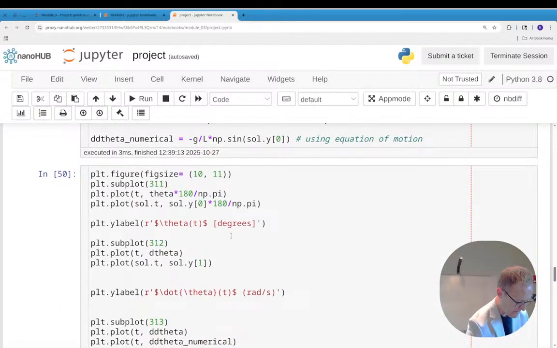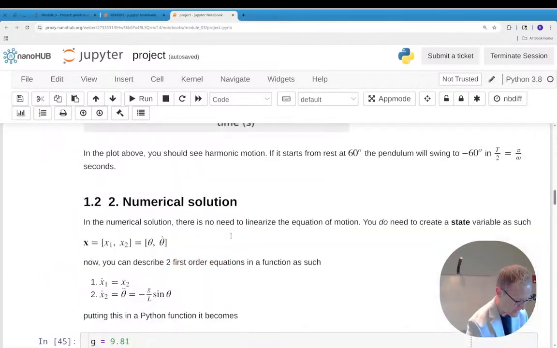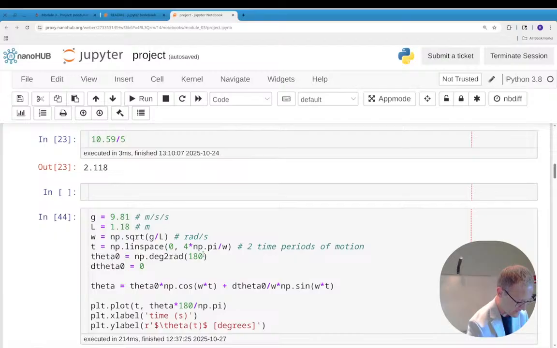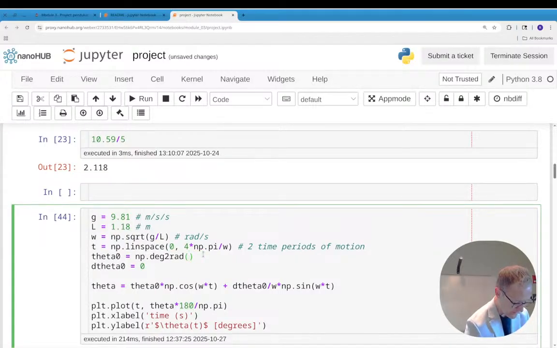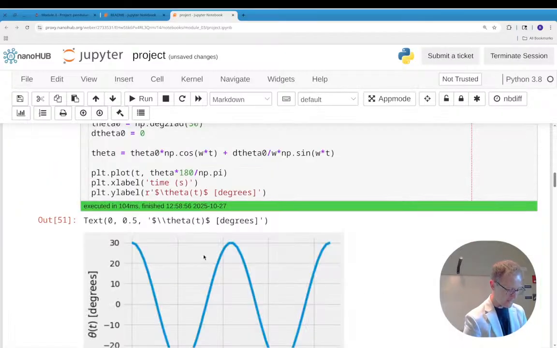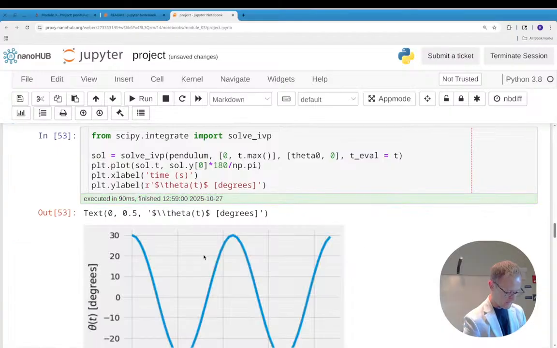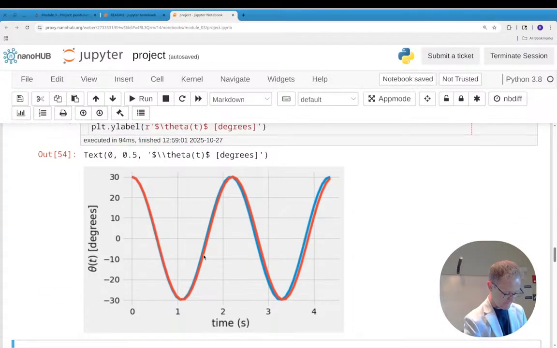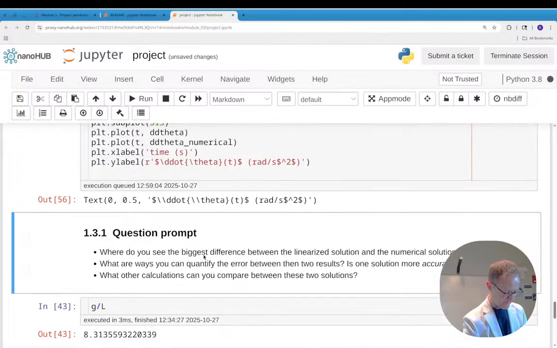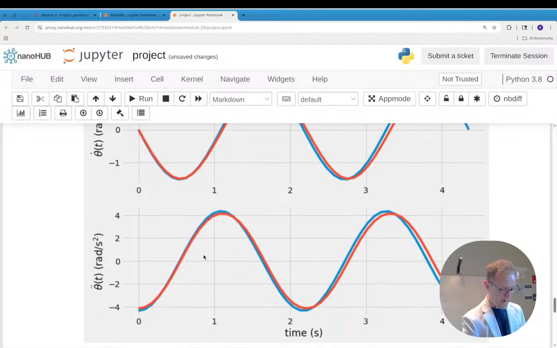All right, so coming back up here, let me change this back to 30 degrees. I'll put it back to 30 degrees because it was close, but definitely different. If it's 10, then we didn't really see any difference. So here, let's test my theory that 30 degrees is a small angle. So now I've got these graphs.